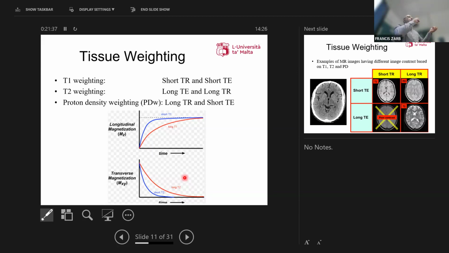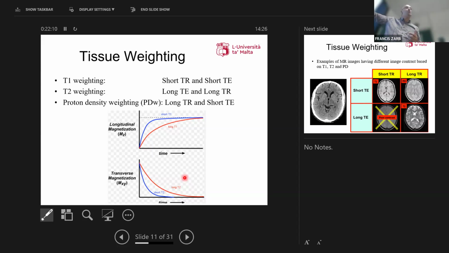Each image is going to have a combination of both. But I want the shift to be towards T1 and not T2. And if I want a T2 weighted image, then I want the shift towards T2 and not T1. So, with a T1 weighted image, I use a short TR. A short TR, remember if I use a long TR in T1 weighted sequences, both of them would be the same signal intensity.